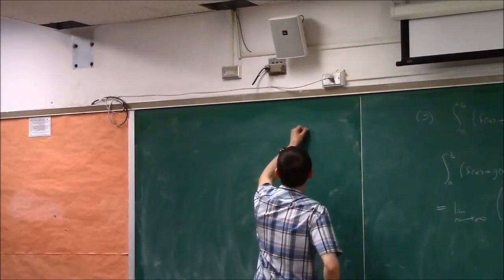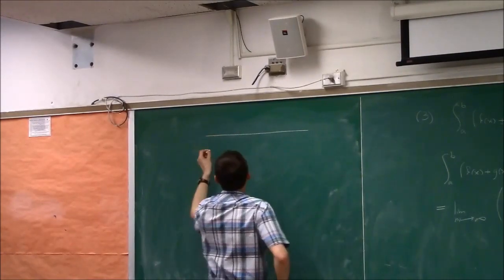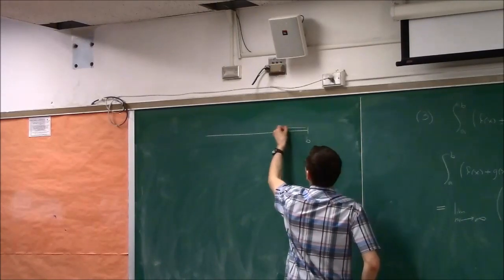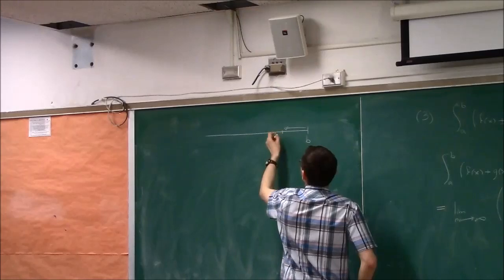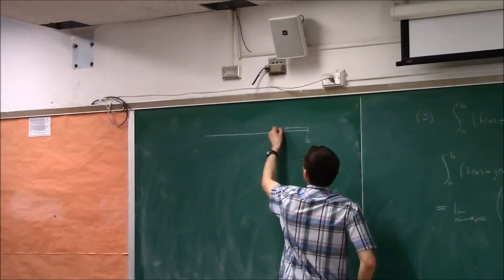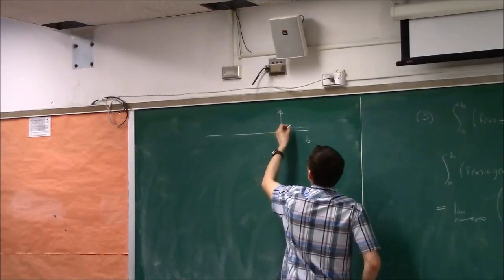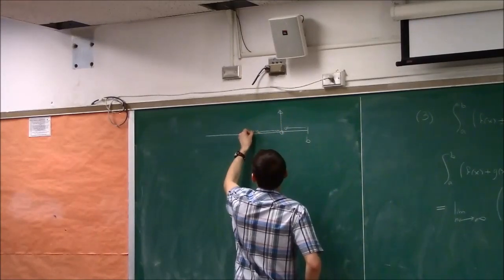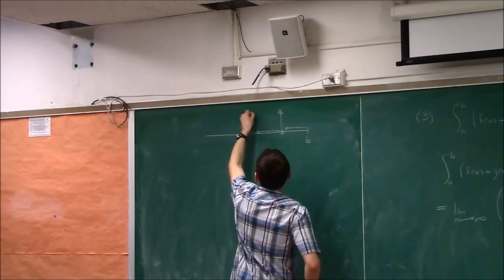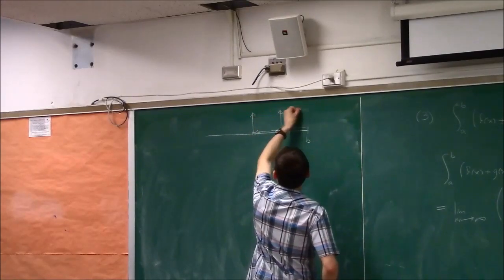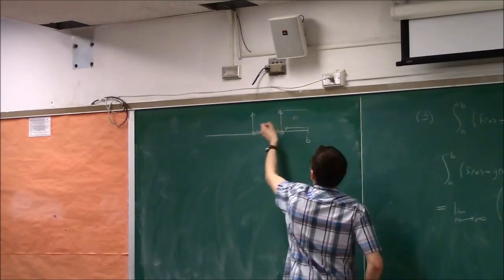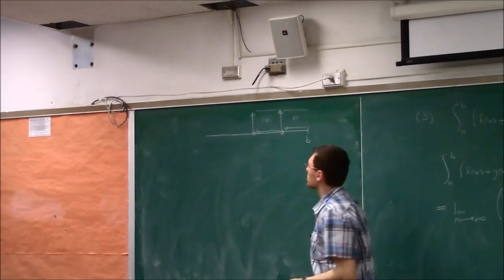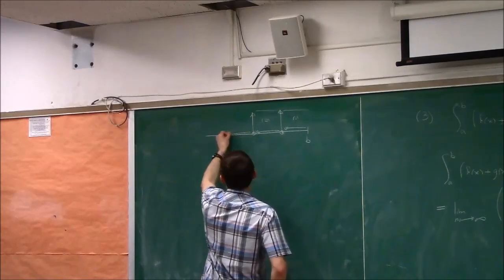So what's in the sum is, this is b, and I'm moving this way, pushing this point up, and that's going to be one rectangle. Then I'm moving this way, pushing this point up, and I'll have, so this is my first rectangle, this is my second rectangle. So I'm just drawing a schematic here. So what's happening? I'm moving like this.